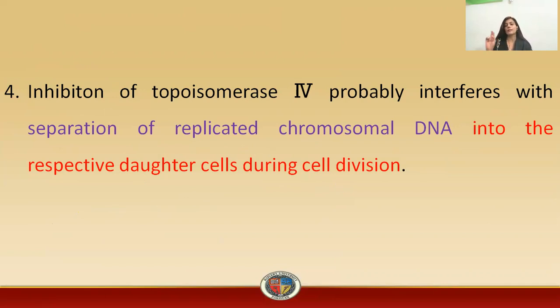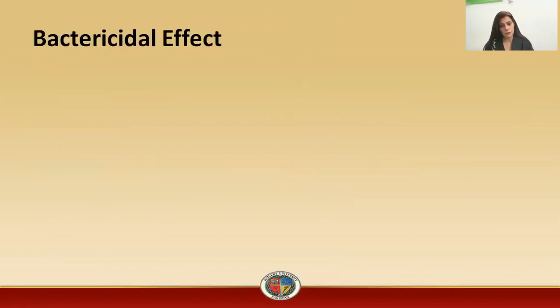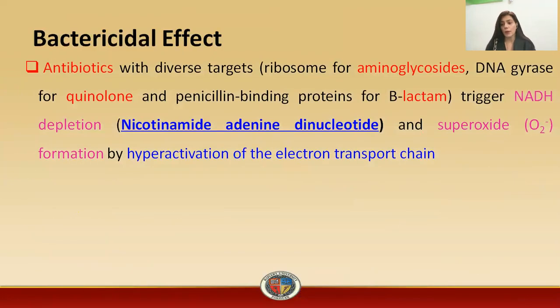Until now, we have discussed two different enzymes that are inhibited by the fluoroquinolones, topoisomerase 2 and topoisomerase 4. Now, coming towards a third common mechanism for all the antibiotics, for example, the aminoglycosides, the beta lactams, and the quinolones or fluoroquinolones as well. What is that mechanism?